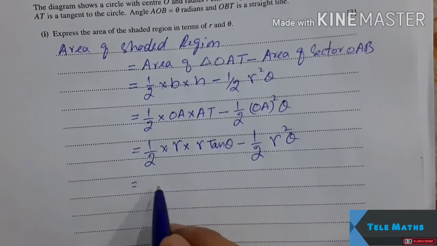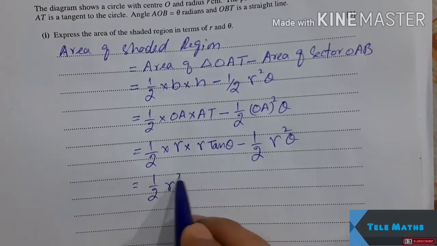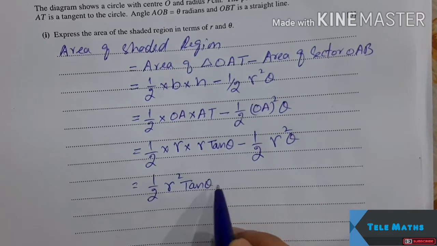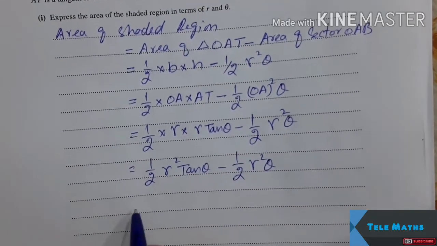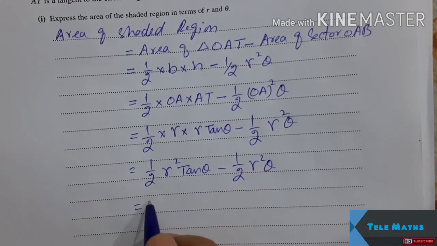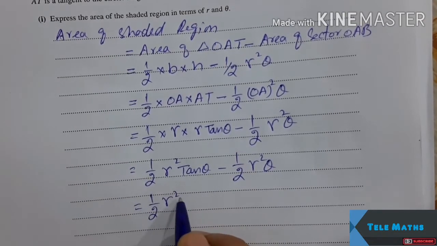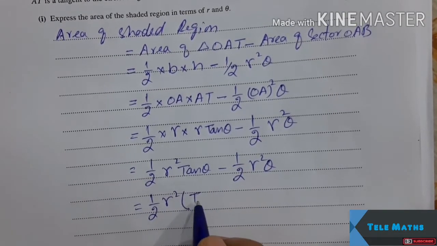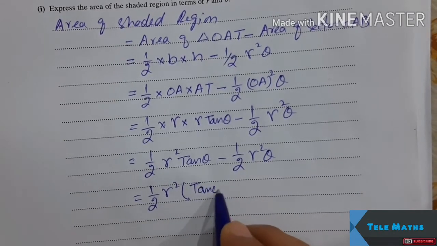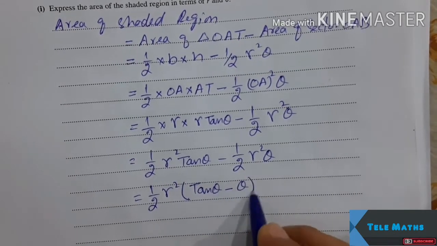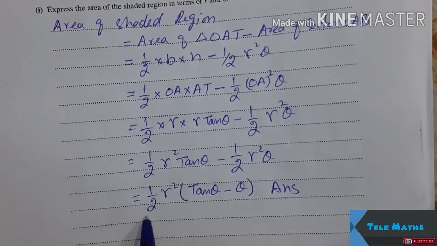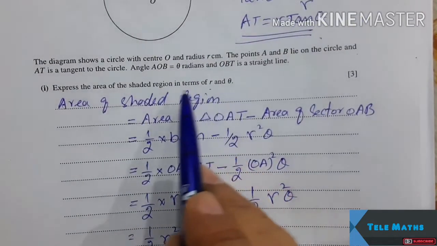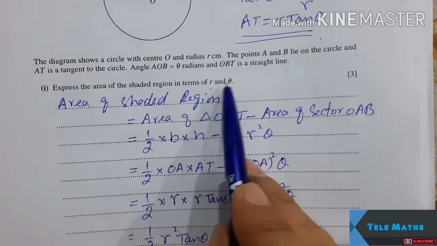So this will become 1 by 2 R square tan theta minus 1 by 2 R square theta. I can take 1 by 2 R square common, so this will become 1 by 2 R square into tan theta minus theta. So this is our answer, because I need to find the shaded region area in R and theta form.